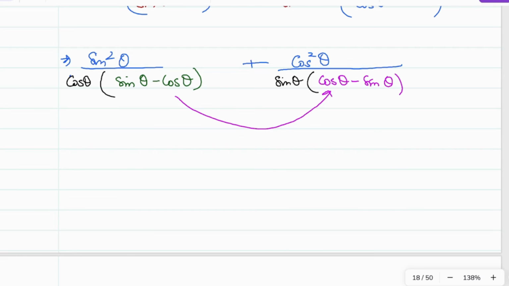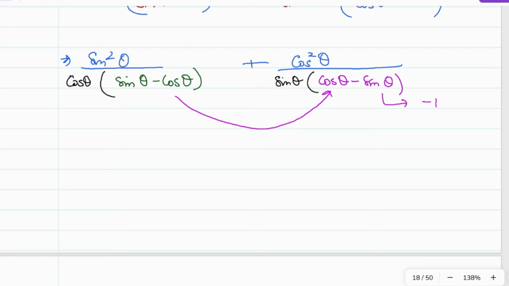One is sin theta minus cos theta and the other one is cos theta minus sin theta. So in this denominator, if I take a minus 1 outside, I can change the sign.